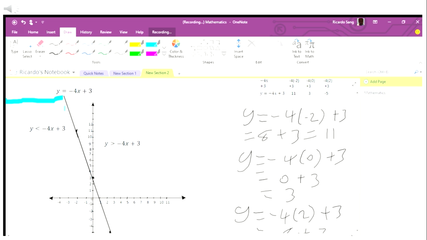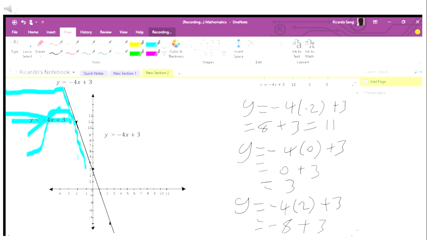If you notice, I drew the line straight and not broken because the line is also a part of the set. This area is the shaded region.